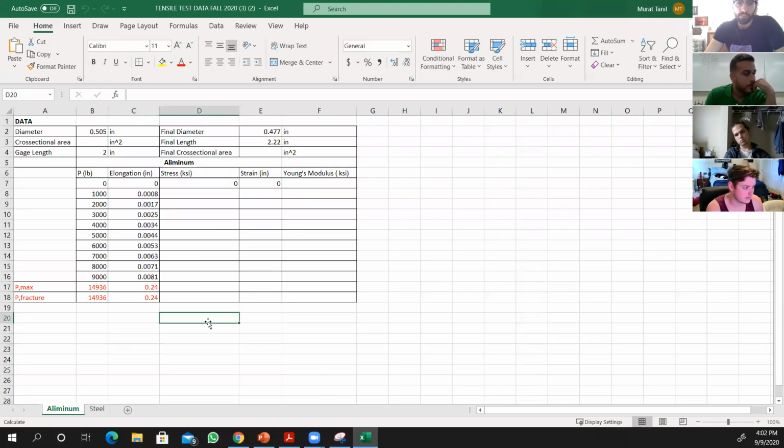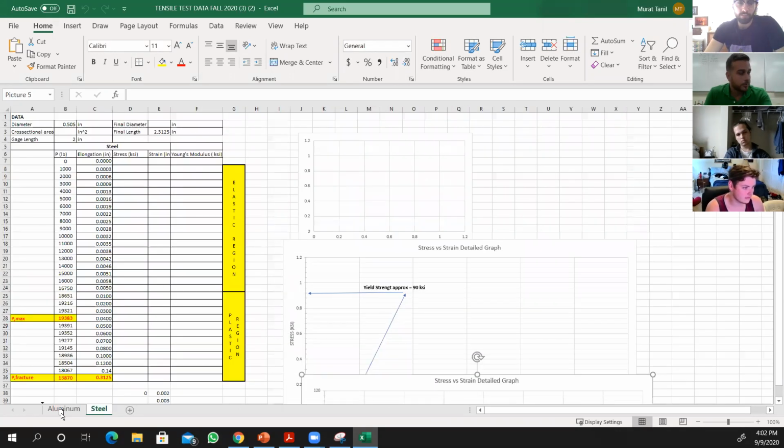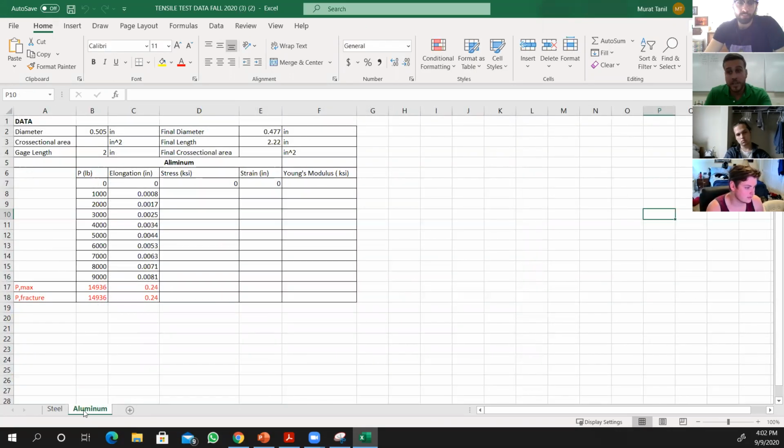They didn't even take a look at what the aluminum data was. If you look at the tabs, sorry for the typo, you have steel and aluminum here. The objective makes it clear: the objective of this report is comparing two specimens, steel and aluminum.